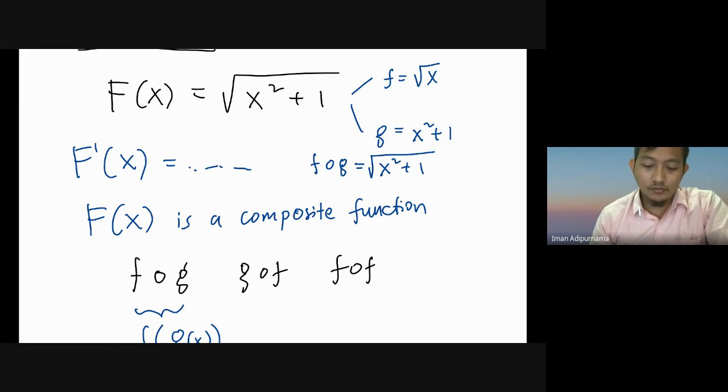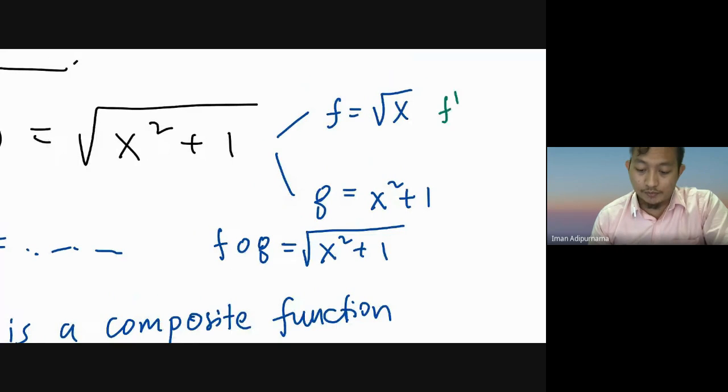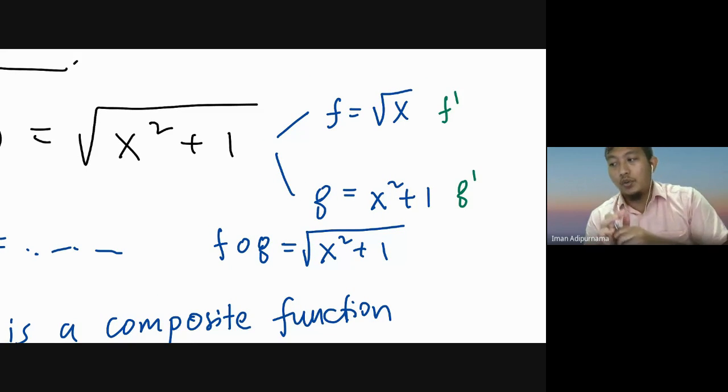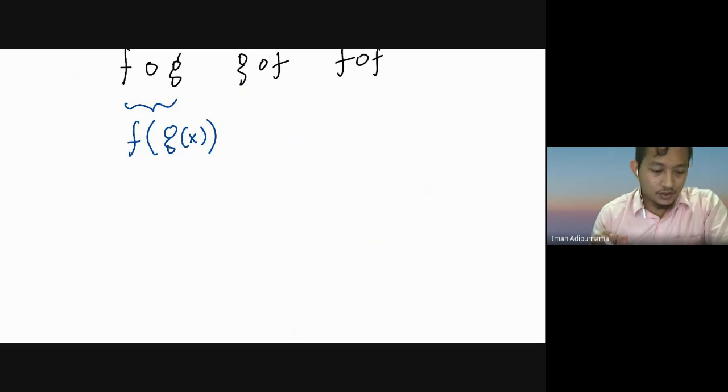And we know how to find this little f prime, we can find g prime. So we can also find the derivative of the whole big F function, right? Let me give you the result here.